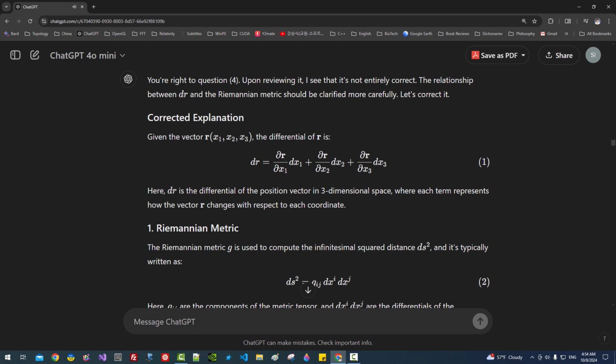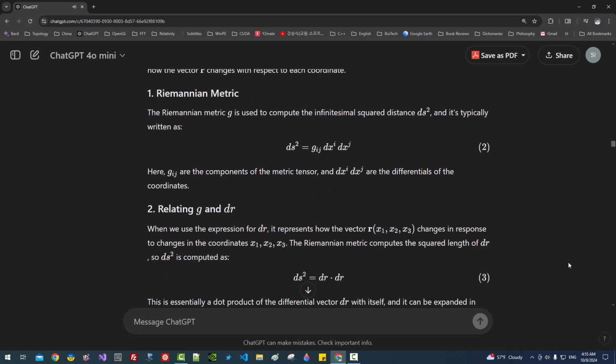Corrected explanation. Given the vector R(x1, x2, x3), the differential of R is dr equals partial R over partial x1 dx1 plus partial R over partial x2 dx2 plus partial R over partial x3 dx3 (1). Here dr is the differential of the position vector in three-dimensional space, where each term represents how the vector R changes with respect to each coordinate. 1.